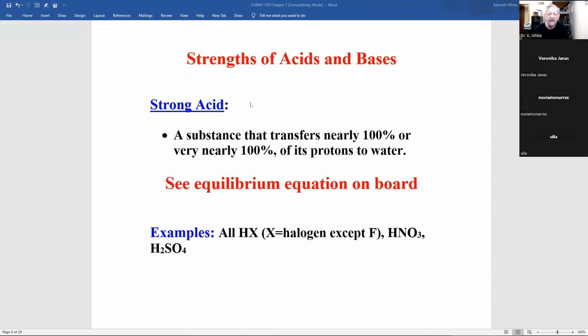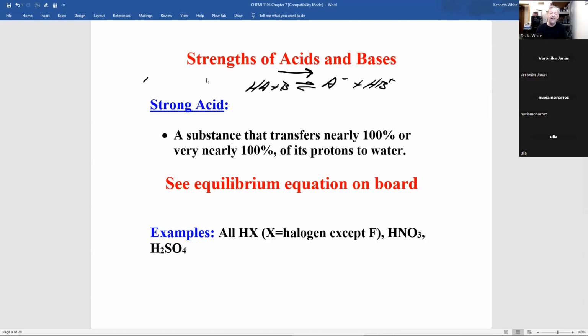Now, when it comes to acids and bases, not all acids and bases are created equally. We have what's known as a strong acid, and that means in the acid-base equilibrium, almost 100% shifts this way.